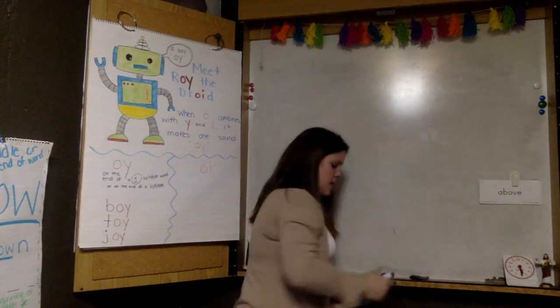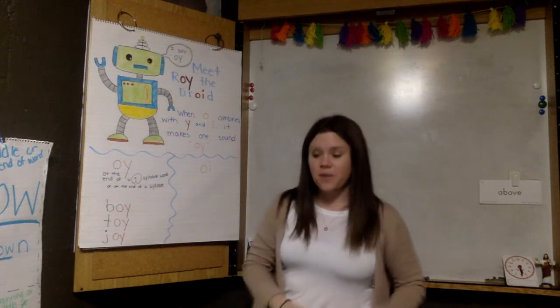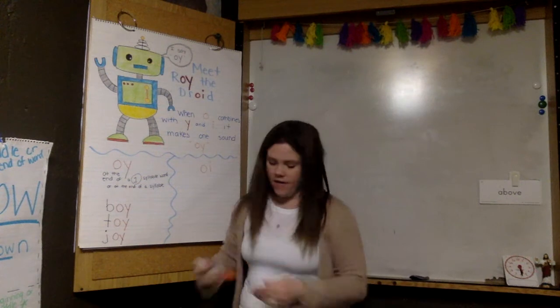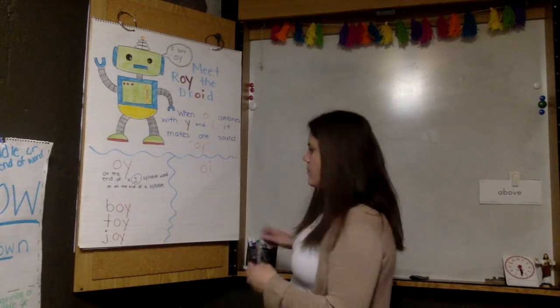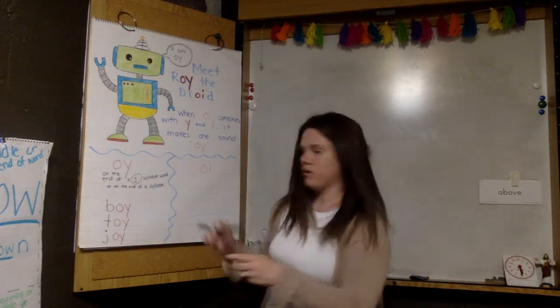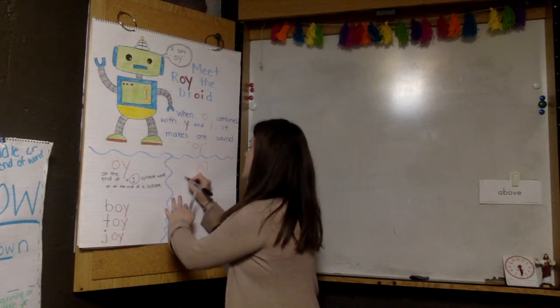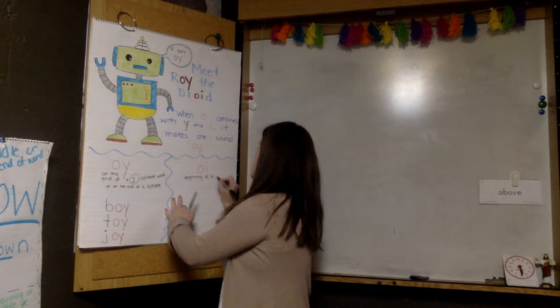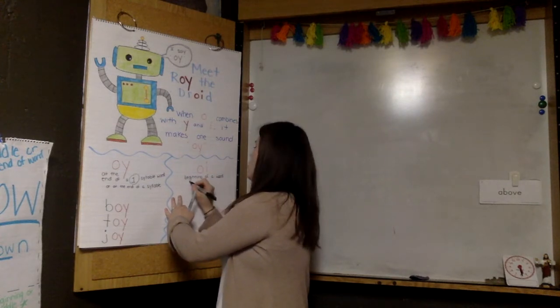Okay. Let's see what our words are this week with the OI sound. We have, let me write our clues here too. Beginning of a word. Or in the middle.